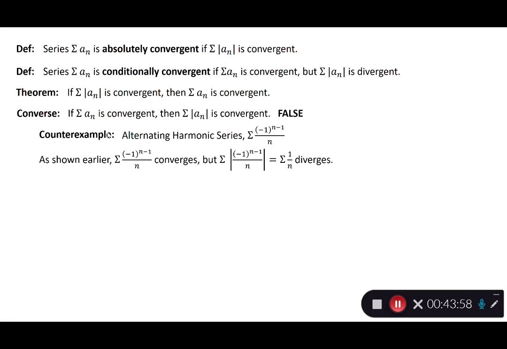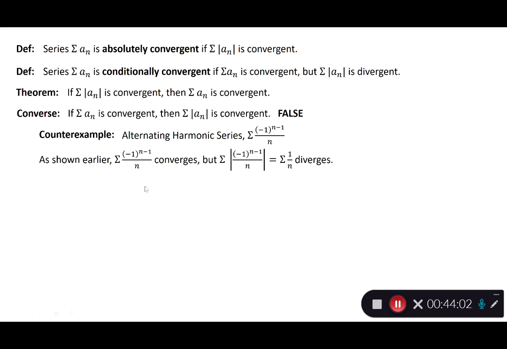Yep, this is the counterexample I was talking about. So the converse is false. The converse, if a series is convergent, then sigma absolute value of a sub n is convergent, is definitely false.